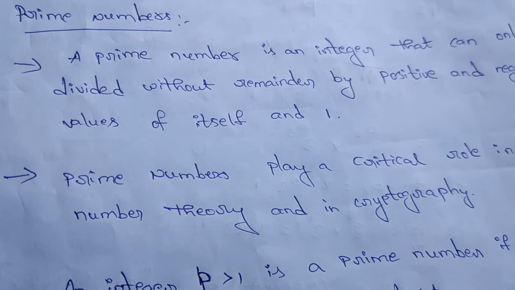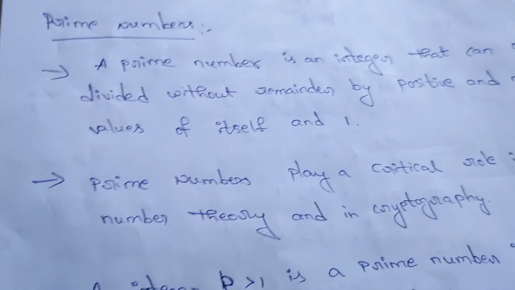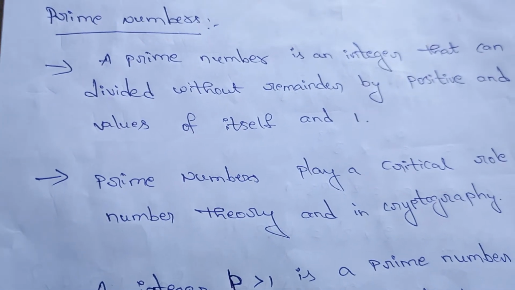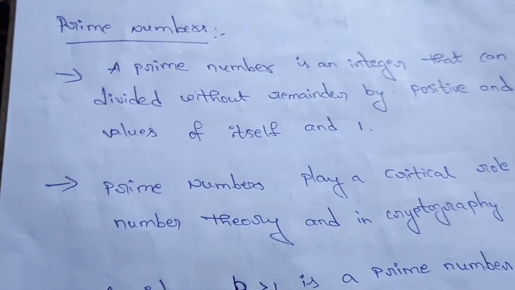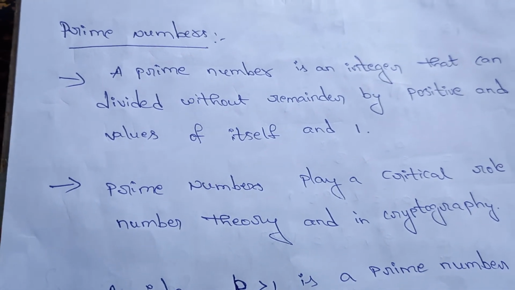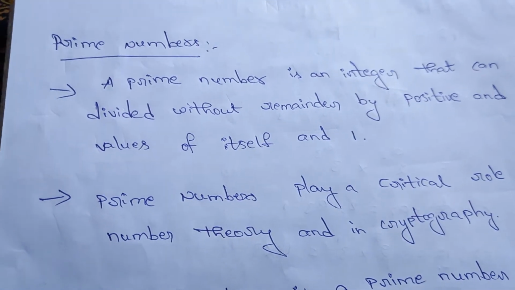So here consider 2. 2 is a prime number. 2 divided by 2 gives a remainder 0, that means it does not have any remainder value. Next, 2 divided by 1 also gives a remainder 0.